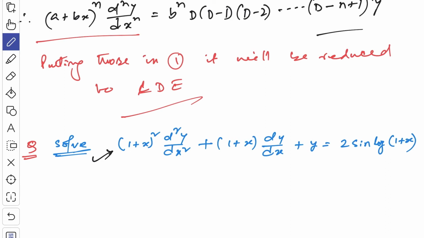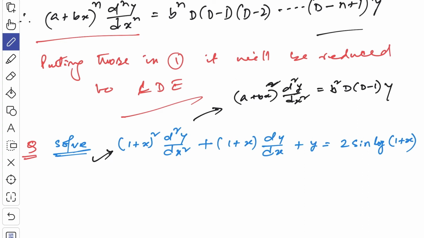So here you see, we will compare this first term with (a plus bx) square times the second order derivative of y with respect to x, and this is equal to b square D into (D minus 1) y. Here in this case the value of a is 1 and the value of b is also 1, so b square will be 1, so we will get D into (D minus 1) y.